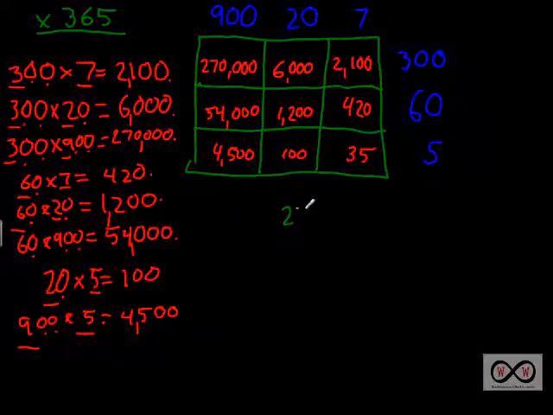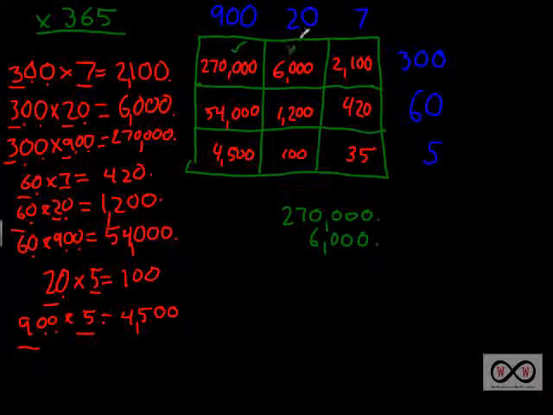We have to line up by place. 270,000, plus 6,000, 2,100, 54,000.